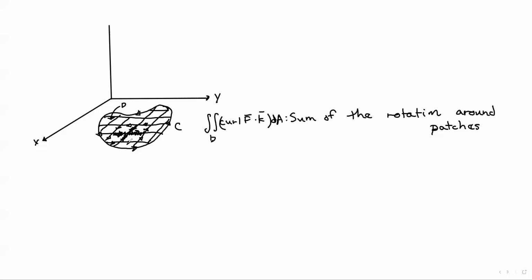And what happens as you actually go through the process of adding up all of these rotations is that all of these inside parts of the rotation eventually cancel. And the only thing that you have is the exterior.